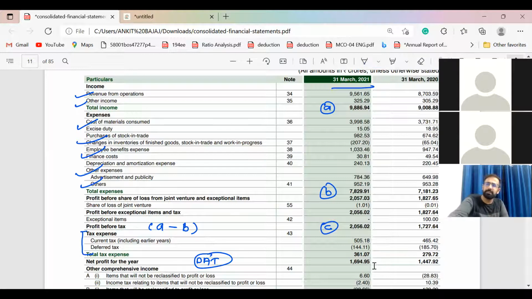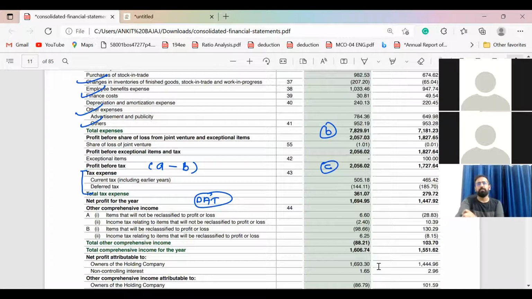So we were doing the same thing in year 2015 and also in year 2021. Now after calculating profit after tax, another line item is given. You can see other comprehensive income is given, right?